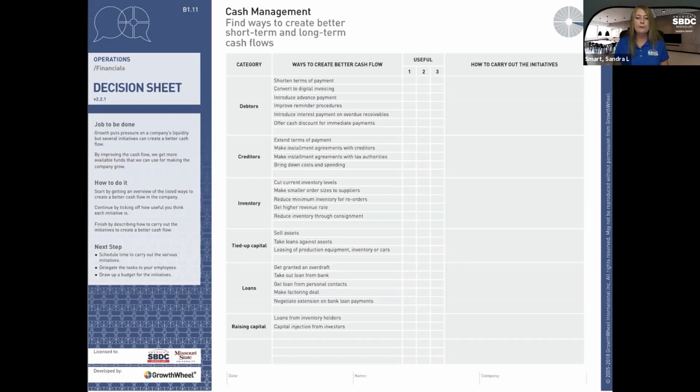Loans, looking at getting loans from your bank, potentially, from family, friends, whatever might make sense. In talking to your bank, if you're in a cash flow crunch, about overdraft protection. What options do they have for overdraft protection?